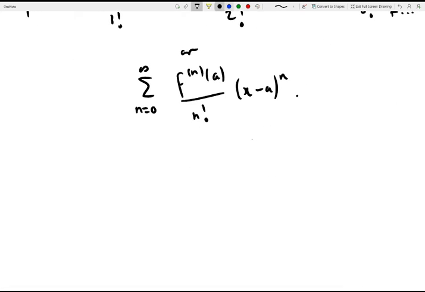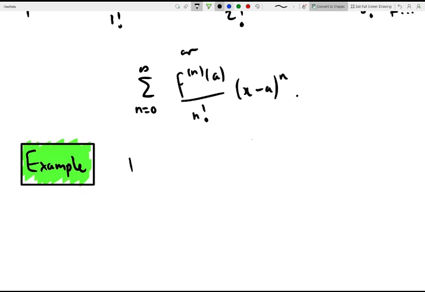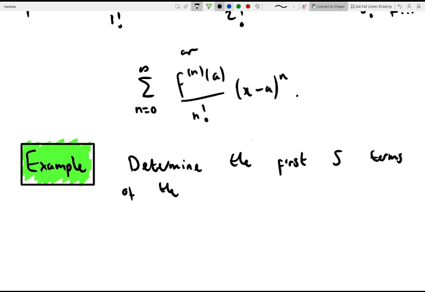A quick example of a Taylor series question: determine the first 5 terms of the Taylor series for the following function.